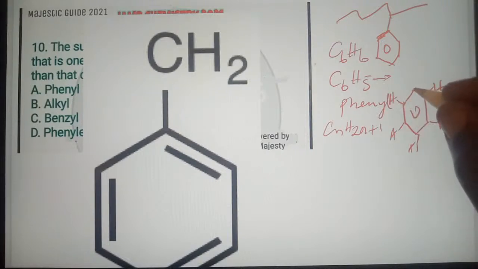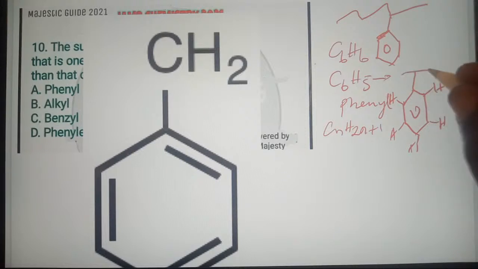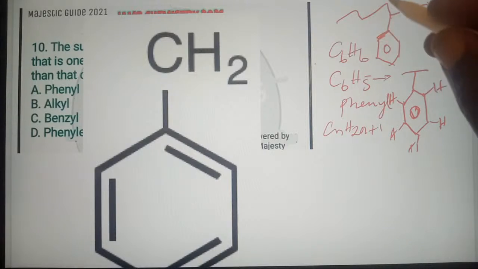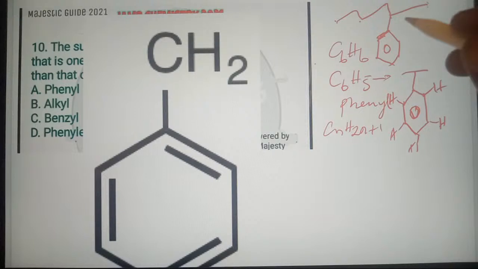The H that's supposed to be here is used to attach to the main chain. So we have 6 carbons and 5 hydrogens. That's phenyl. If you want to name this, it is carbon 1, 2, 3, 4, 5, so this should be 2-phenyl. This is a substituent group.